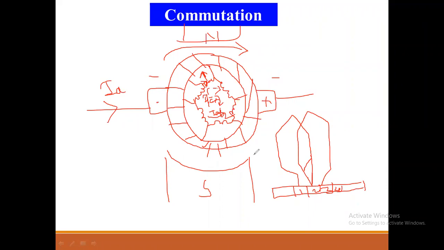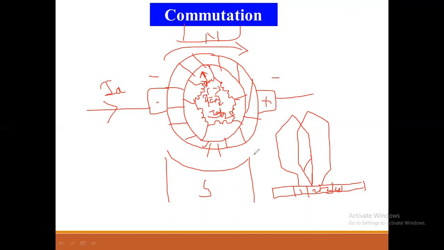Okay, so the current flowing through the coil when it passes from one pole to another pole, at that situation it will be reversed. current ची direction काय होते, reverse होते.